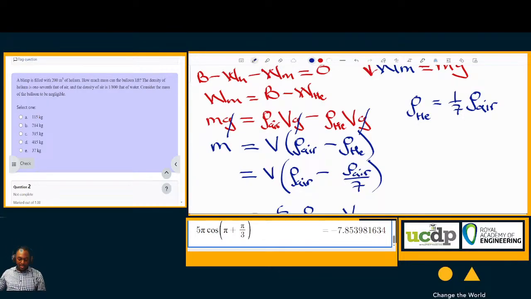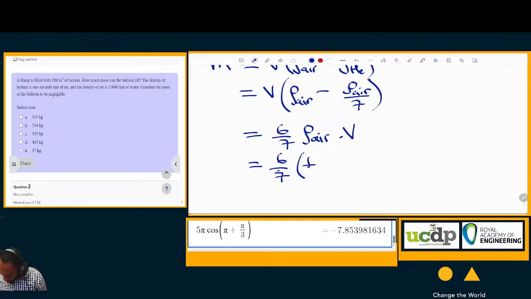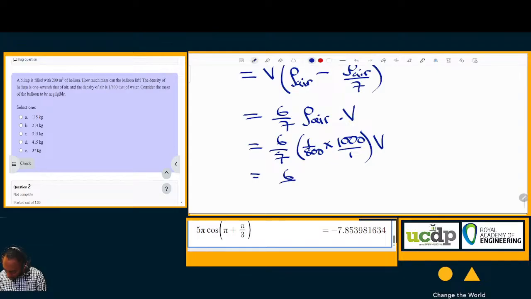Remember, we've been using the density of water earlier on. The density of water is 1,000, so 1/8 of 1,000 is 1,000/8, or 125. So this will be 6/7 multiplied by 1,000/8 times the volume of helium, which is 200. I hope I did not lose anyone along the way.